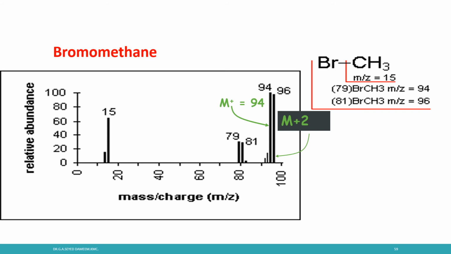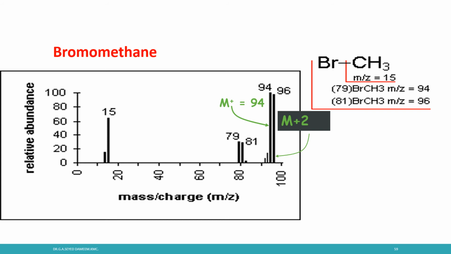For this compound, the molecular ion has greater stability, so that peak itself is the base peak. The peak at m/z 94 is the molecular ion peak and also the base peak, and the peak at m/z 96 is the isotope M plus 2 peak.